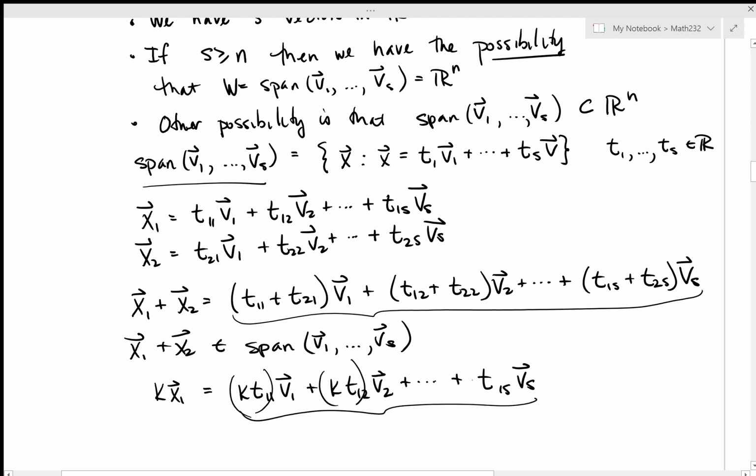Oh, I forgot the k here. It is a linear combination of the vectors v1 through vs. So the span of v1 through vs is closed under scalar multiplication. We showed it's closed under addition, and it is a subset. So we're done. It is a subspace.